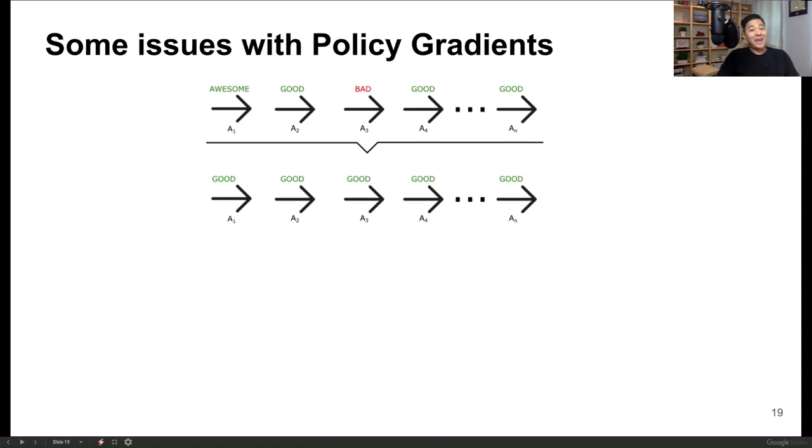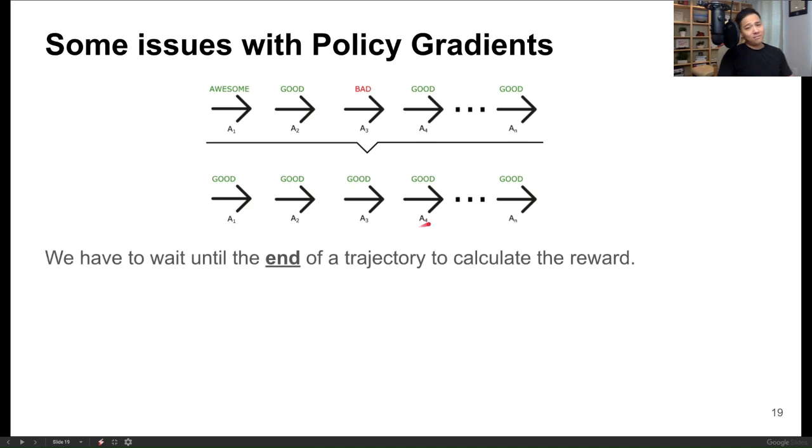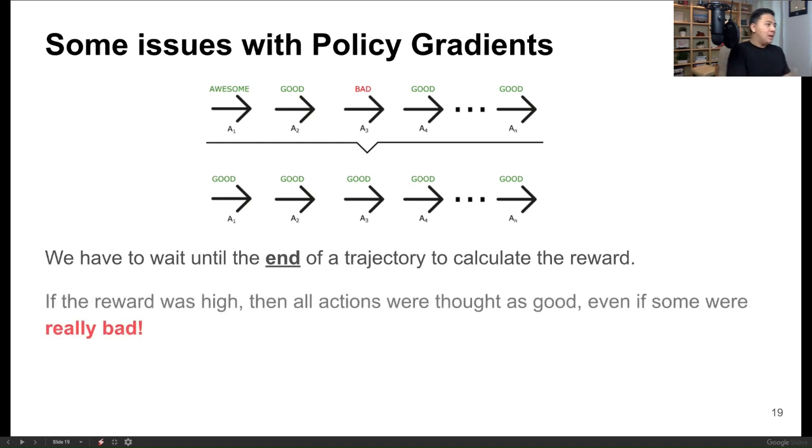Well, the issue with policy gradients is what I've just actually shown you earlier, that you have to wait until the end to determine the outcome of the actions, right? So you have a series of actions here, they could be good, bad, but you can't judge them immediately after you take an action, you have to wait until the end, right? So if the reward is high, then you judge that all the actions are good, even though some of the actions in there were bad, right?